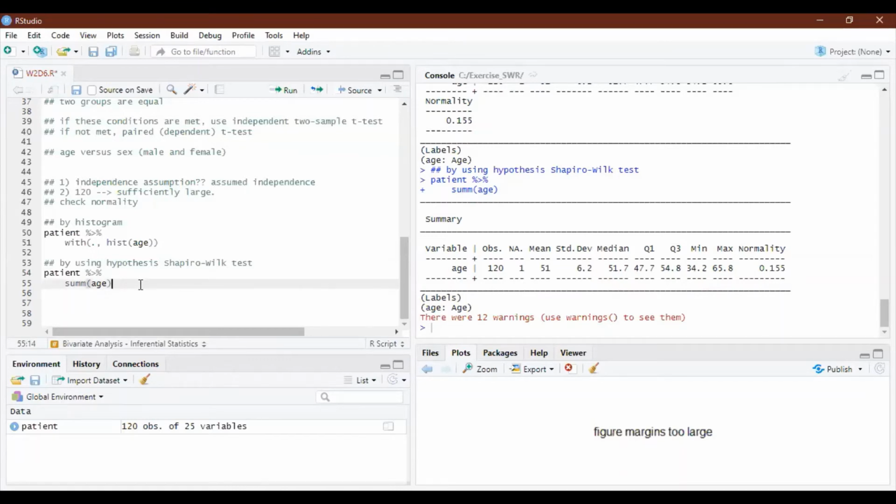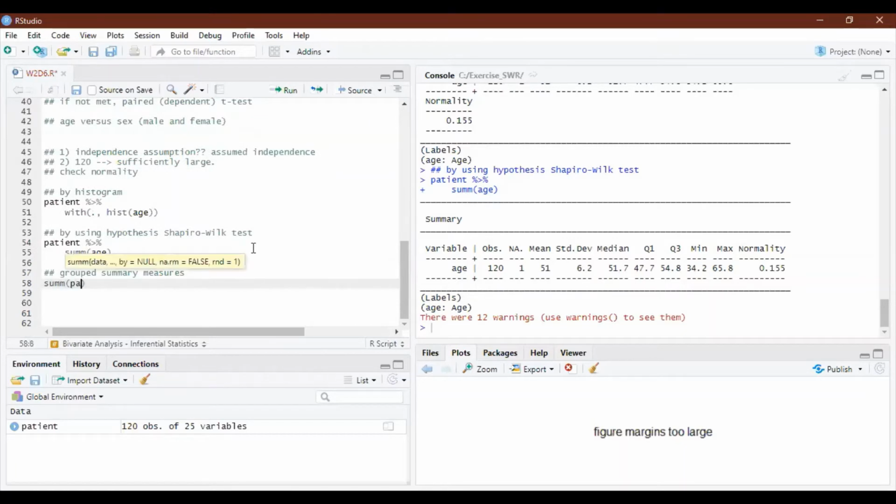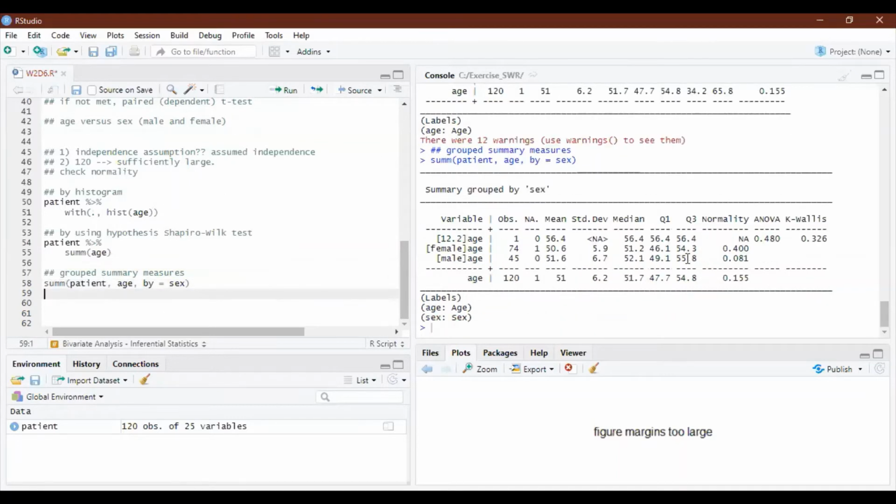And this is the overall, and then we also should look at the group summary measure. Group normality. So we will write patient and age. We will look at based on sex. But again, we also have the 12.2 invalid value here.